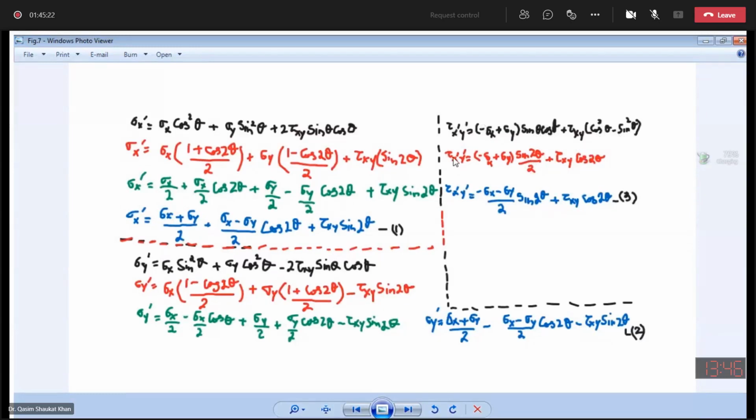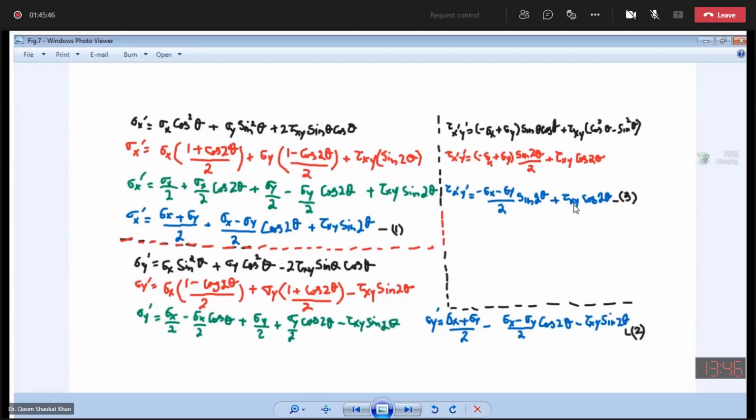So tau x dash y dash will become equal to minus sigma x plus sigma y sin 2 theta over 2 plus tau xy cos 2 theta. When this bracket opens up, this will become minus sigma x over 2 minus sigma y over 2 sin 2 theta plus tau xy cos 2 theta.